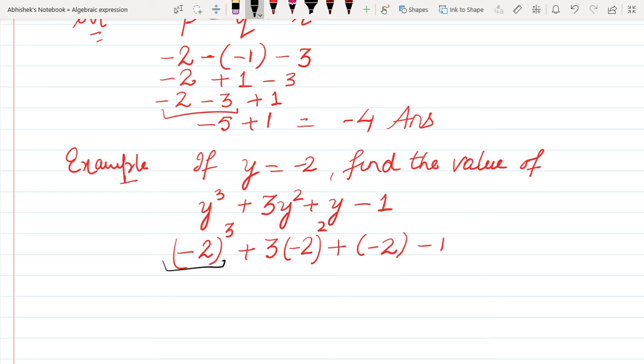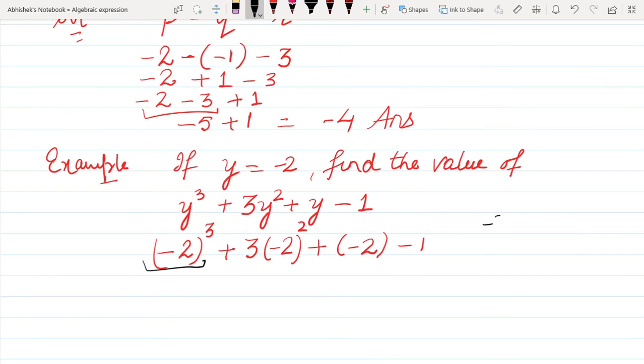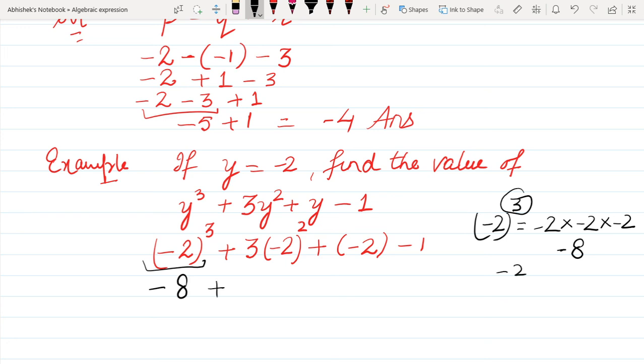We have power 3 here, so we'll multiply minus 2 three times. 2 twos are 4, 4 twos are 8, and the sign comes minus. So it's minus 8. Next, minus 2 square is minus 2 into minus 2. Here we come with plus 4.